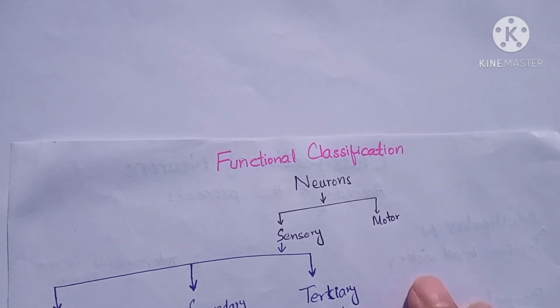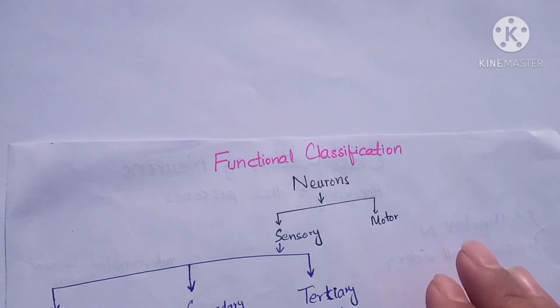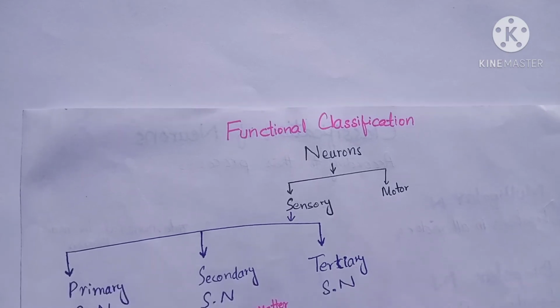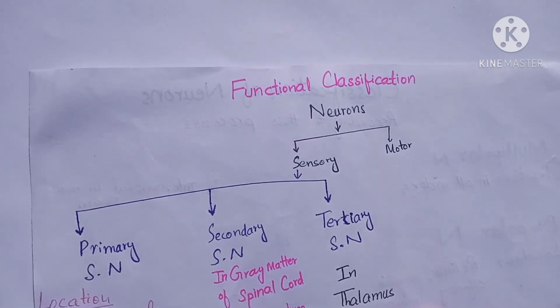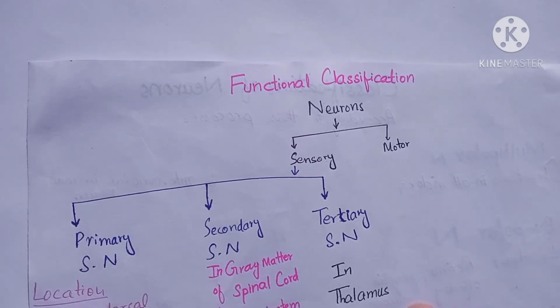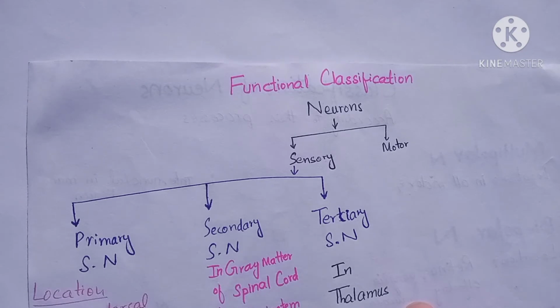So first I want to talk about sensory neurons. Sensory neurons take the message from the surroundings, from the periphery, to the CNS. There are three types of sensory neuron: primary sensory neuron, secondary sensory neuron, and tertiary sensory neuron.